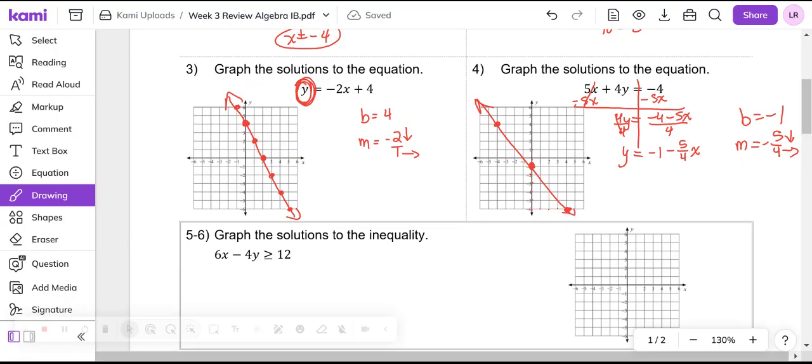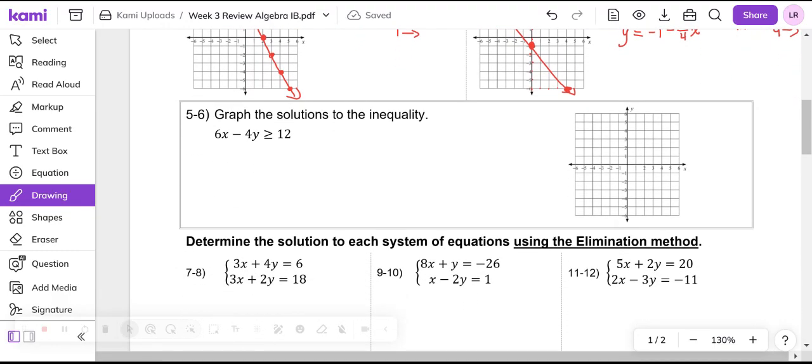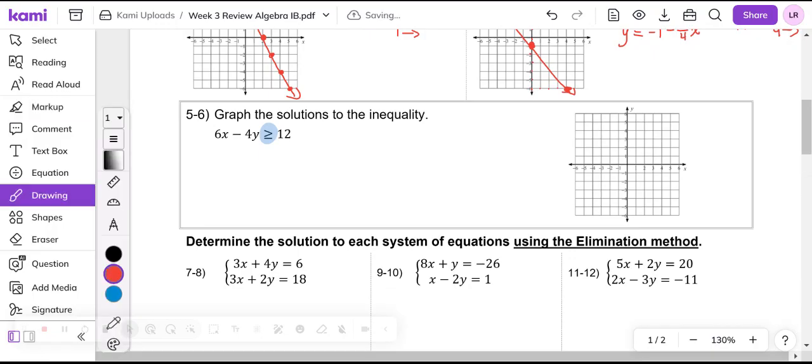Now with number 5, 6, there's 2 pieces to this problem. First, make sure we notice that this is an inequality. So first, I need the line, and you gotta pay attention to dotted and solid. Second, I gotta figure out which side has the solution, so I gotta figure out which side to shade.